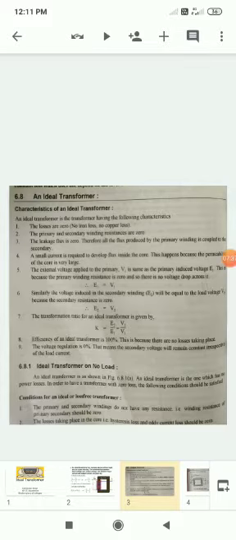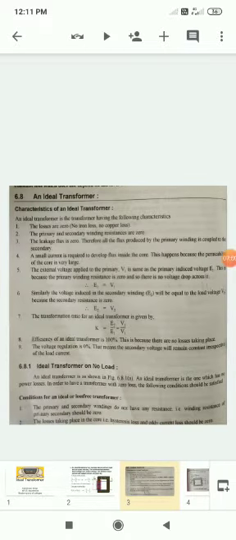So one point we discussed: the efficiency of an ideal transformer is 100% because K is equal to 1. This is because no loss takes place anywhere. Obviously there is also voltage regulation, which we have already discussed in our practicals. What do we mean by voltage regulation of a transformer?